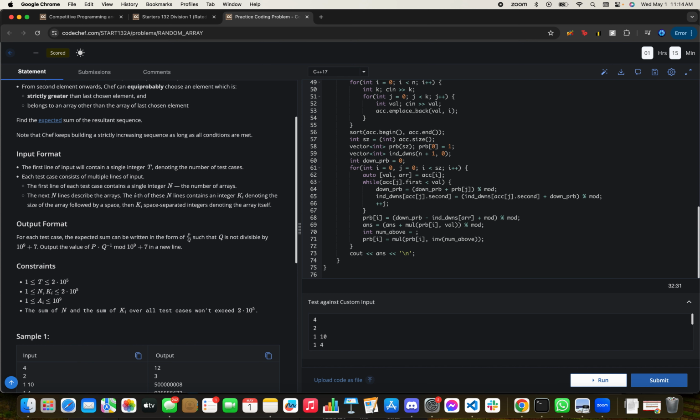How do I count num above? I think there has to be a separate pass for this. Yeah, let's just separately compute that.